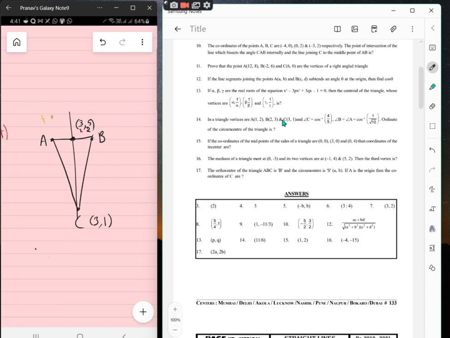Y minus 1 over x minus 3. 2.5 minus 1 is 1.5. 1.5 minus 3 is negative 1.5.